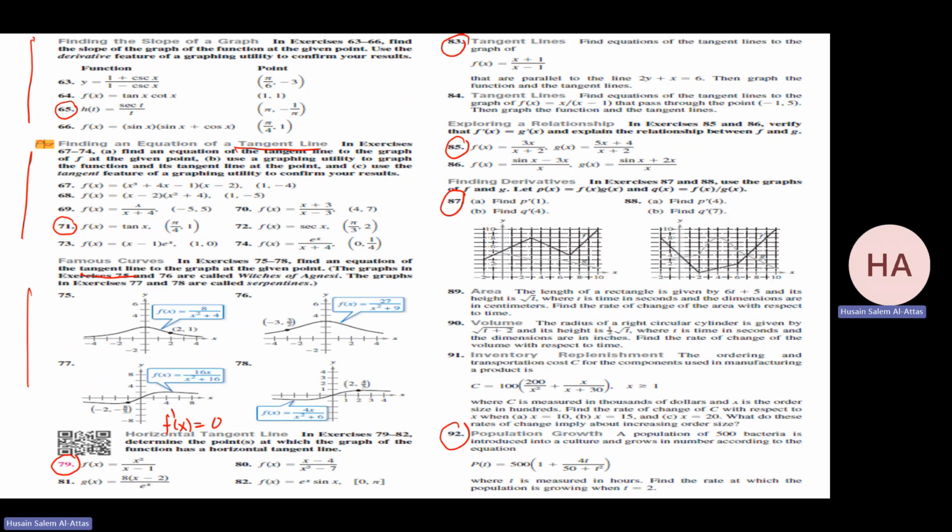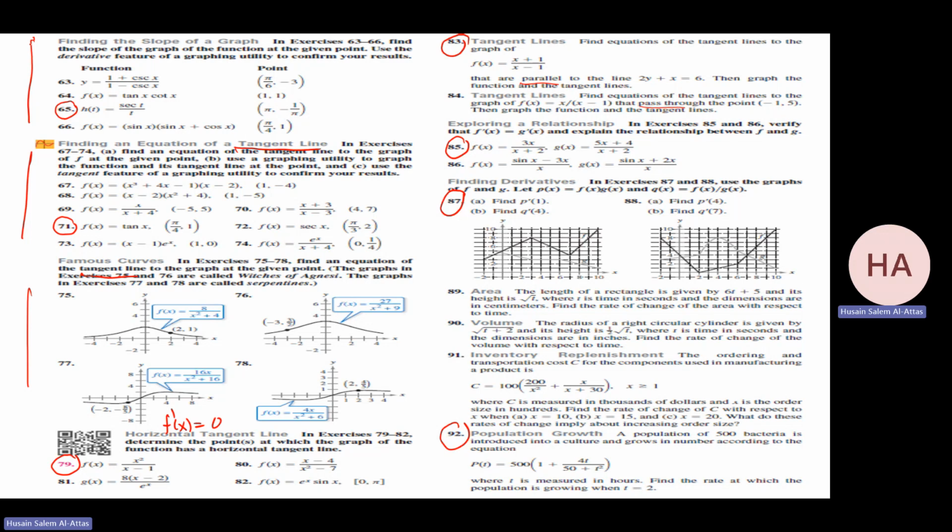Here we have lines parallel to another line, so their slopes are the same. Passes through the point, we'll also deal with. Here we have a relationship from the graph. So we'll try to do some of these problems.